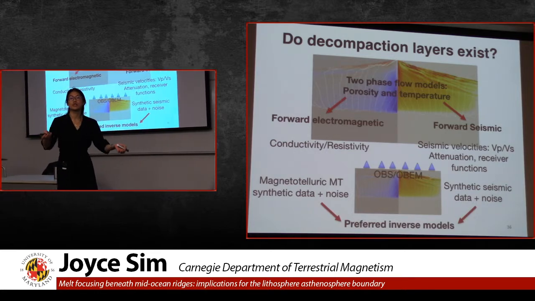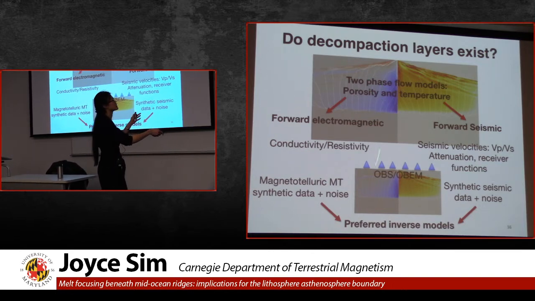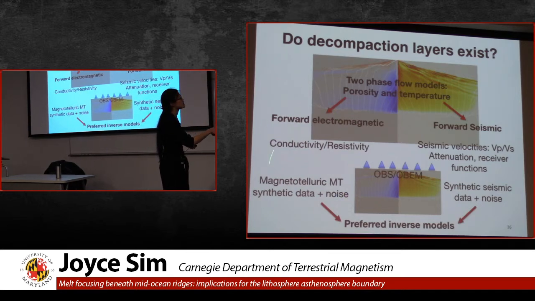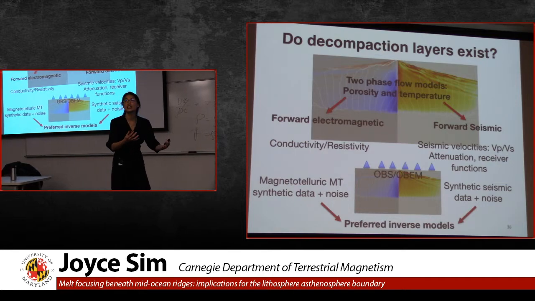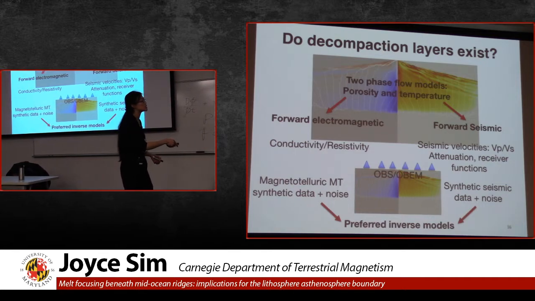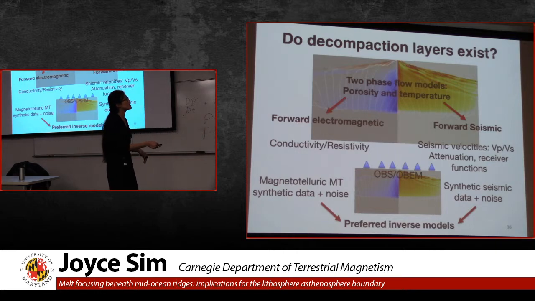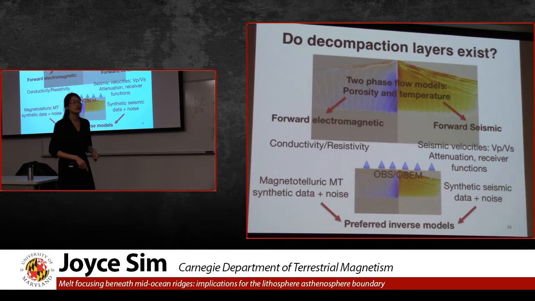What should you expect to see? So first of all, not me, but my favorite electromagnetist is going to do this work, right? For EM, get the conductivity, and then get the MT synthetic data, and then invert that to see if you can actually see the decompression layers. And then do the same for seismic and pick your favorite parameter, right, in terms of seismic.